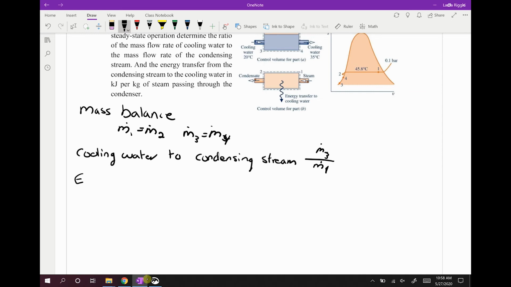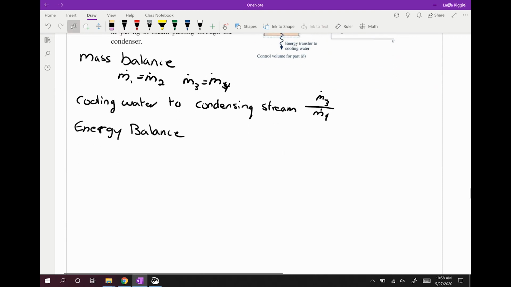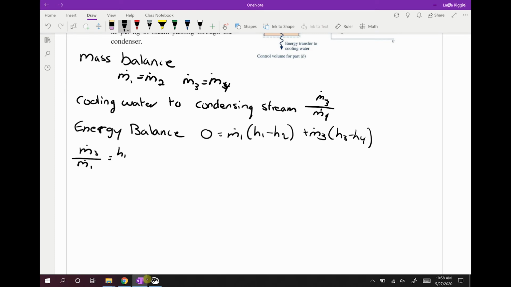How are we going to find these mass flow rates? Well, let's do an energy balance. We have 0 is equal to mass flow rate 1 times H1 minus H2 plus mass flow rate 3 times H3 minus H4. So the mass flow rate of 3 over the mass flow rate of 1 is equal to H1 minus H2 over H4 minus H3.